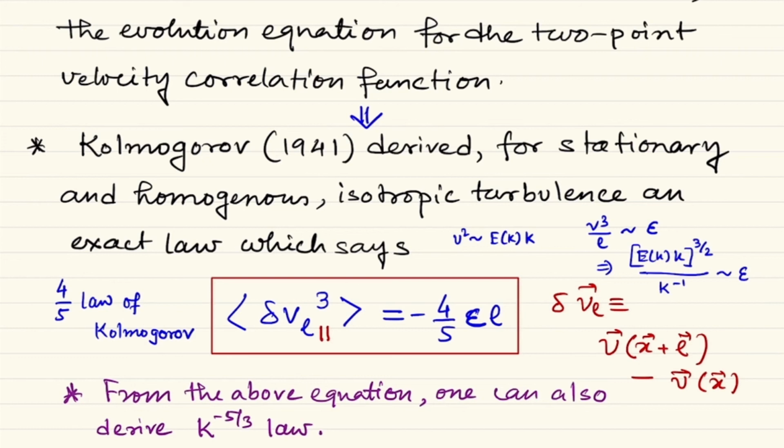I leave it to you to simplify, and you will see that you retrieve E(k) proportional to k to the minus 5/3. Not only that, epsilon to the power 2/3 will also come. So you see that this k to the power minus 5/3 result can actually also be obtained from an exact relation as well.